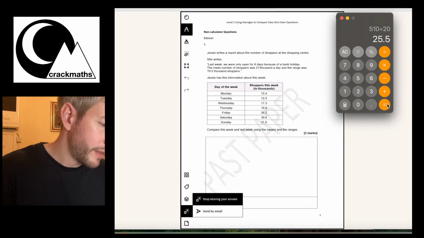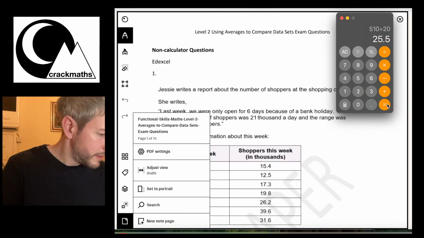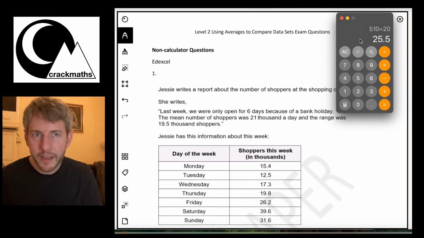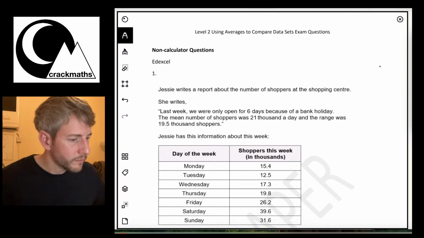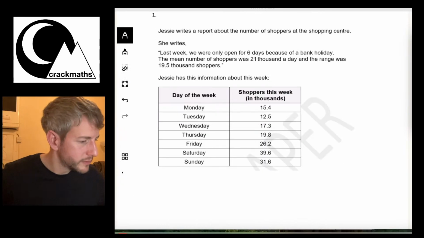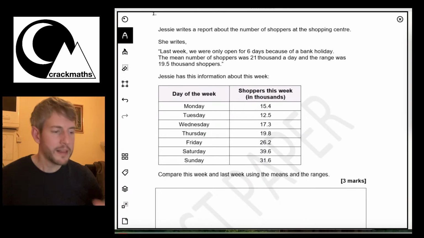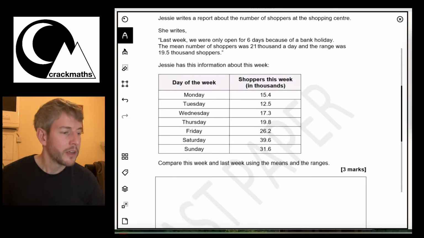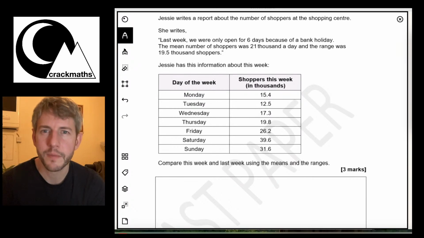Here we go. I think this is a nice one. I can get rid of my calculator as well. Right, so let's have a look at this question. It says, Jessie writes a report about the number of shoppers at a shopping centre. She writes down, last week, we were only open for 6 days because of a bank holiday.